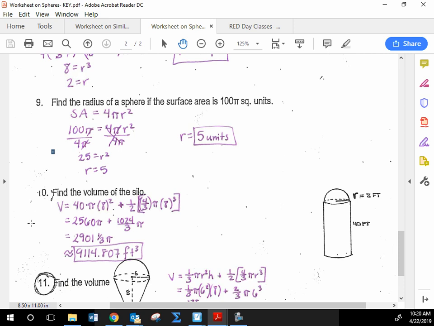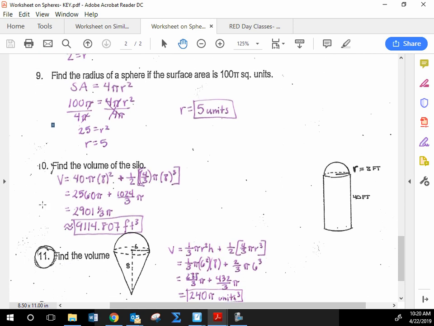If you left number 10 as an improper fraction, minus 1, you would have had, hold on, I did it earlier. I think it was 8 something. Your improper fraction would have been 8704 over 3.